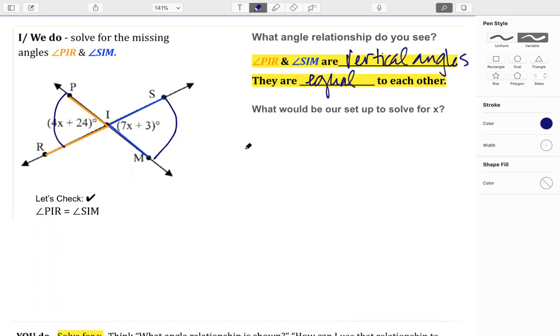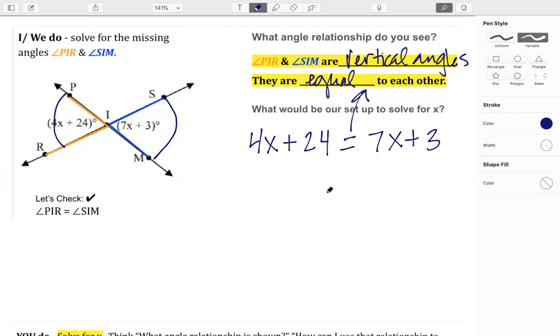If you did, you are correct. We need to set these two expressions equal to each other because vertical angles are equal. Okay, now that we have the two expressions, the orange one is on the left, the blue one is on the right. They're set equal to each other because vertical angles are equal.